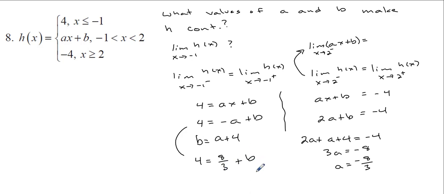Oh, we got a fraction. I don't like fractions. How could I clear fractions if I wanted to? Multiply everywhere, both sides. That'll clear the fraction, or we call it killing the fraction. 12 equals 8 plus 3b. Subtract 8, and you get 4 equals 3b. Then b equals 4/3.